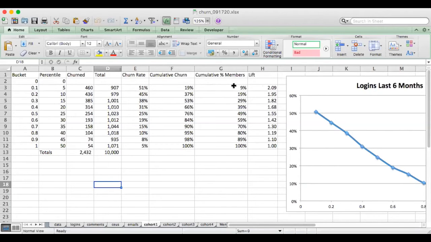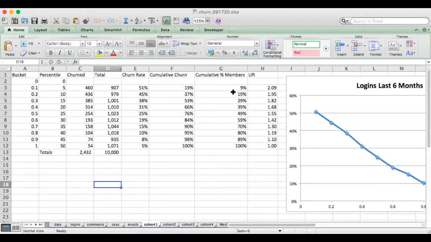What that gets us is if we target only 10% based off of this decile, we can capture 20% of our total churn. So 20% of all people who left are in only 10% of the members when we sort by logins. By the time we get to about 50%, we're capturing 75% of our total churn.